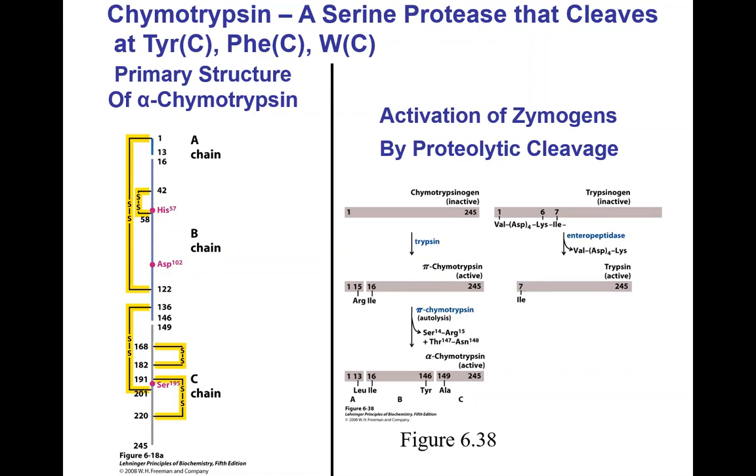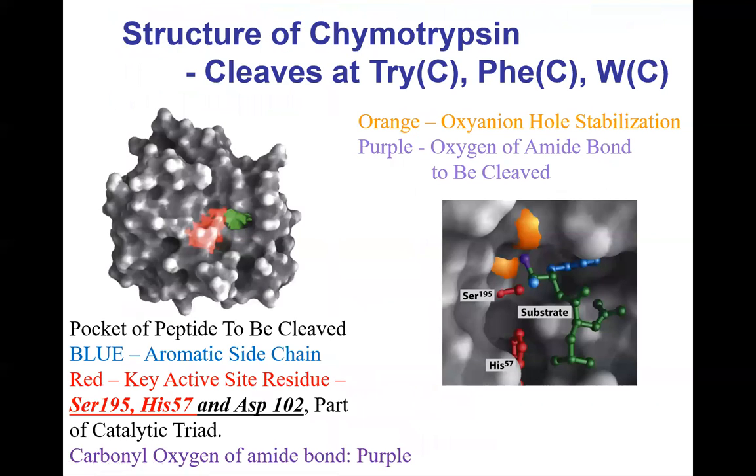So with that, let's go on to understand some more fine details of the chymotrypsin mechanism. To do that, I want to first show you a crystal structure of chymotrypsin bound to one of its substrate analogs.